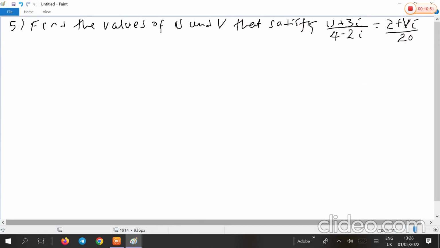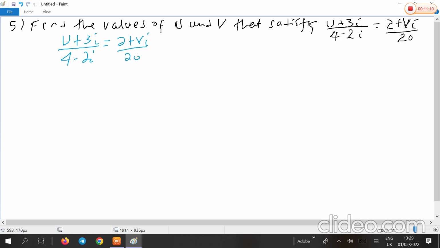Question number 5. Find the values of u and v that satisfy the given equation: (u plus 3i) over (4 minus 2i) equals (2 plus vi) over 20.